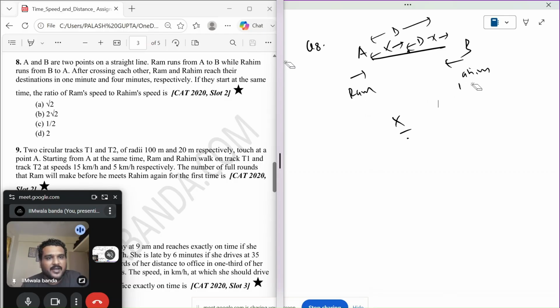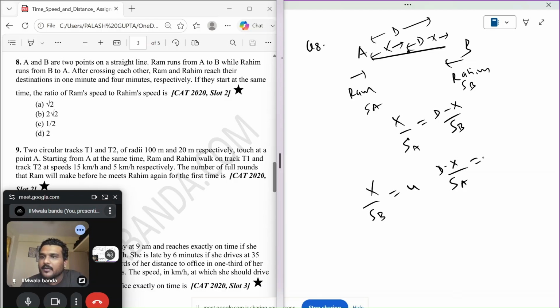In fact, let's take it as SA and SB. Okay. So, X distance is covered by Ram and D minus X distance covered by Rahim for them to reach that common point. Now, the remaining X distance is covered by Rahim in 4 minutes, and D minus X distance is covered by Ram in 1 minute.